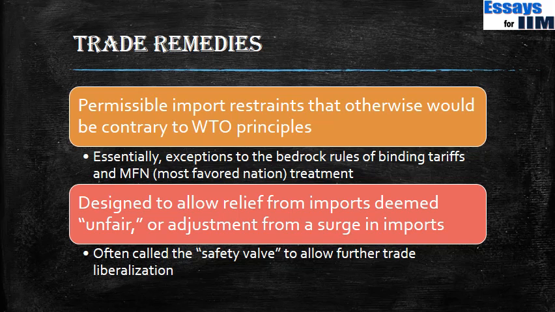That is why it is called a safety valve to allow further trade liberalization. Because if these safeguards are not given, then the countries will feel that the WTO regime is so restrictive that we cannot really do anything good for our people, and it is better to not be part of WTO.